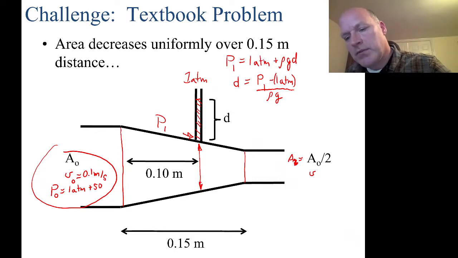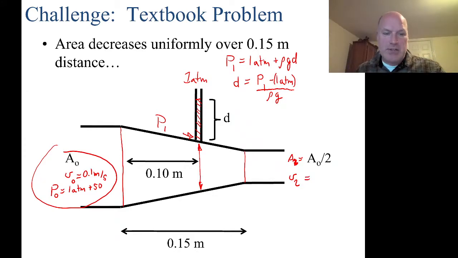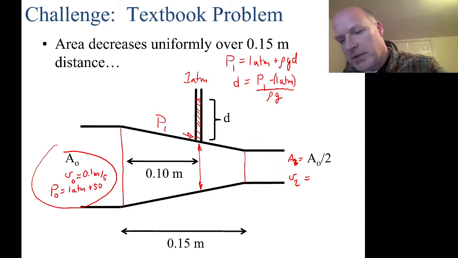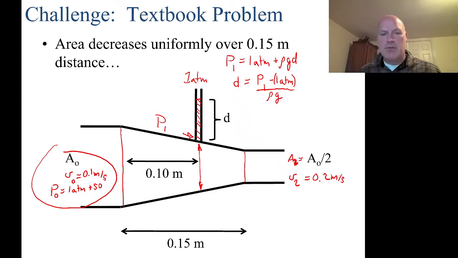Velocity 2, off the top of my head, I can tell you if the area is half as much as the initial area, the velocity is going to be double, right? So we know the velocity here, 0.2 meters per second. How did I do that so quickly?